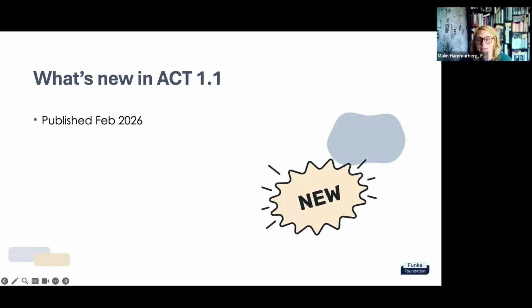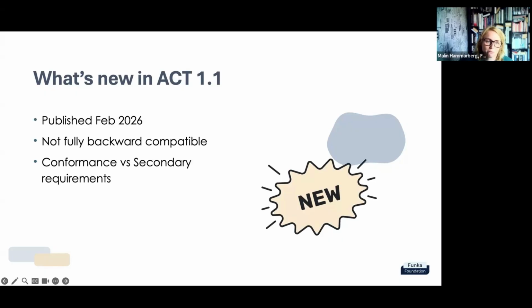This means that the rules are agreed within the ACT task force, but are not yet formally approved. It is largely but not fully backward compatible with version 1.0. And as I just explained, one of the key updates in 1.1 is how rules relate to the WCAG requirements, so the conformance versus secondary requirements.